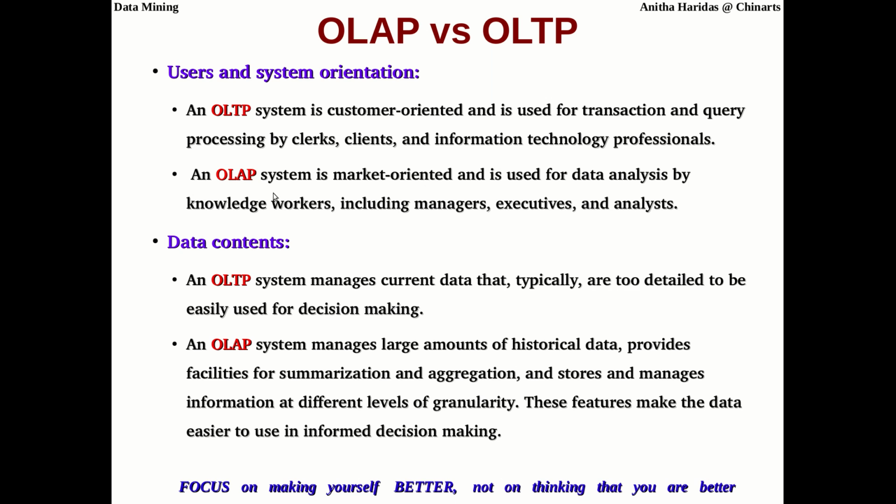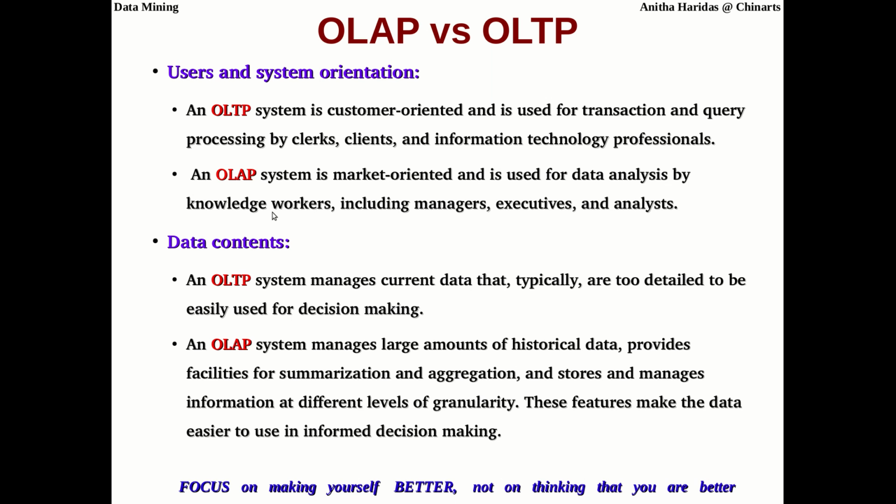Whereas the OLAP system is market oriented, because you are going to do some kind of analysis to improve the business performance. So obviously it is market oriented and it is used for data analysis as already told, and it is generally used by the knowledge workers.